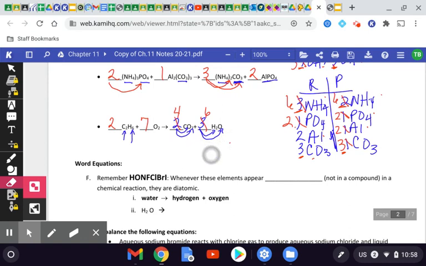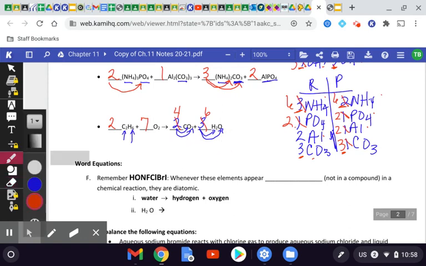So if we look at my calculations here, we have 2 times 2, 4 carbons, 2 times 6, 12 hydrogens, 7 times 2, 14 oxygens.